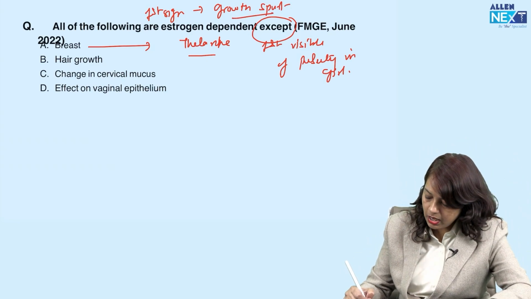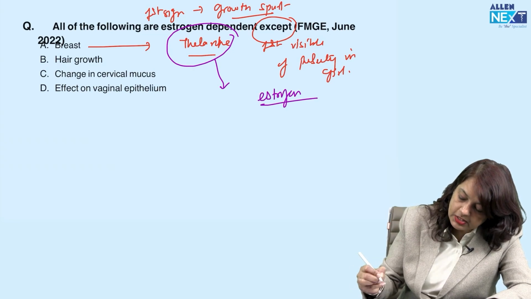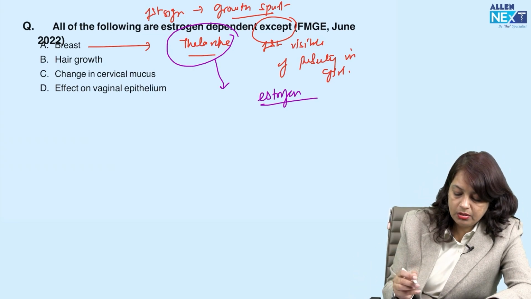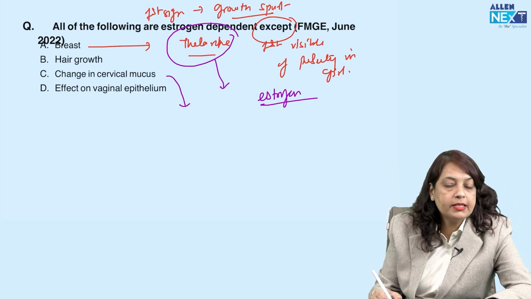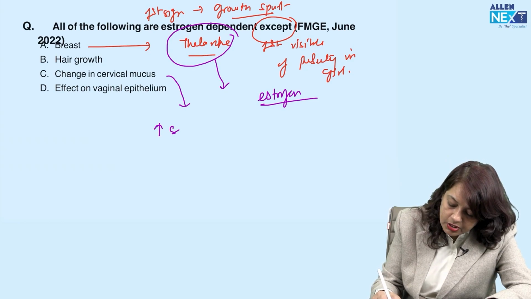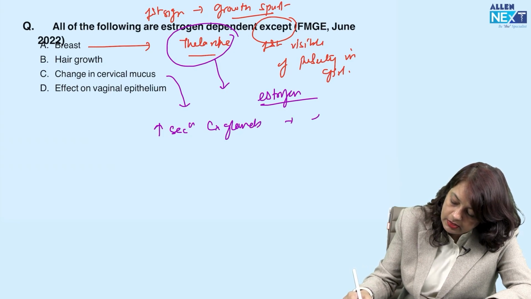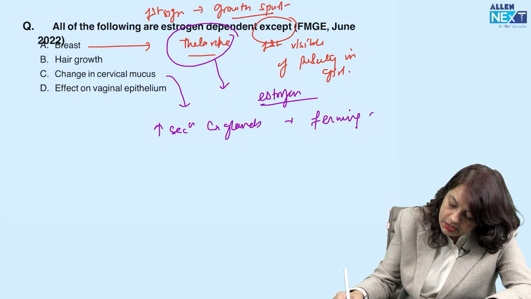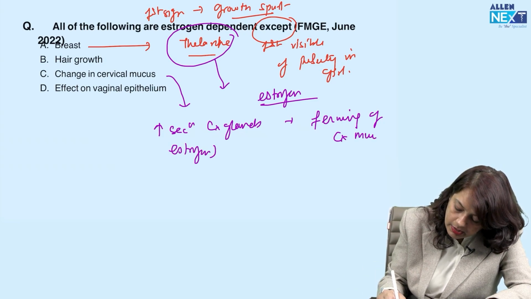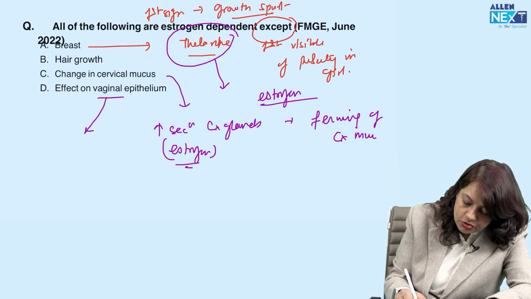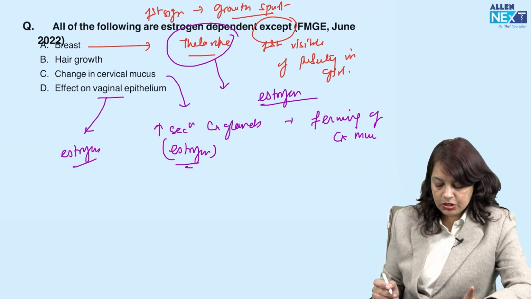Okay. Now, the hormone responsible for breast development is estrogen. Estrogen also acts on the cervical mucus and leads to profuse abundant secretion from cervical glands, and if you make a smear, you will see ferning of the cervical mucus. This is again an estrogen effect. Now, estrogen also acts on the vaginal epithelium and causes changes.